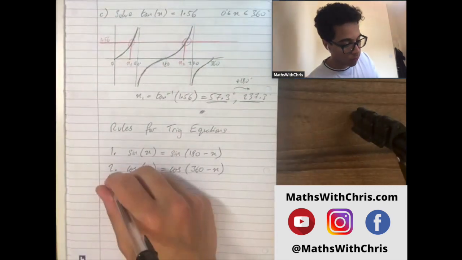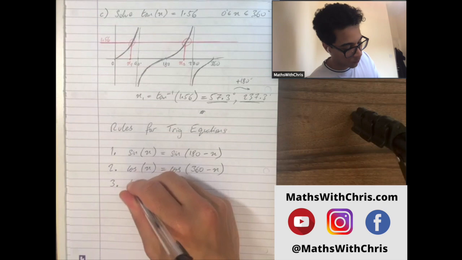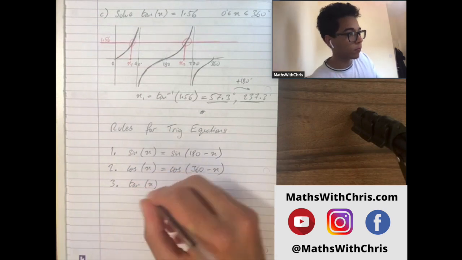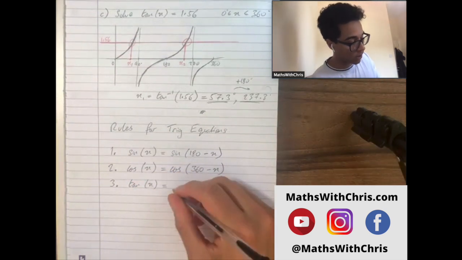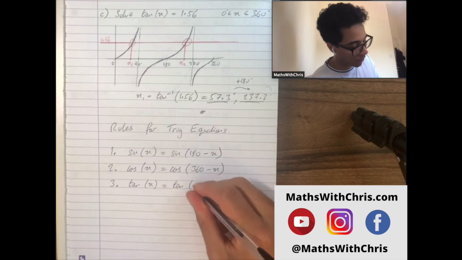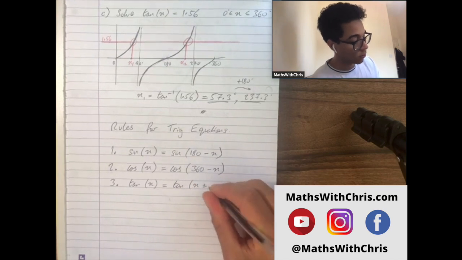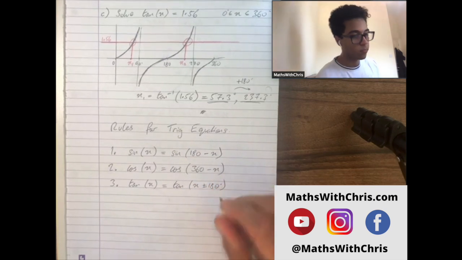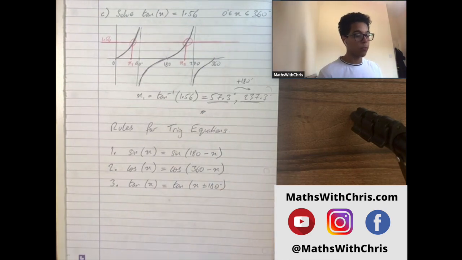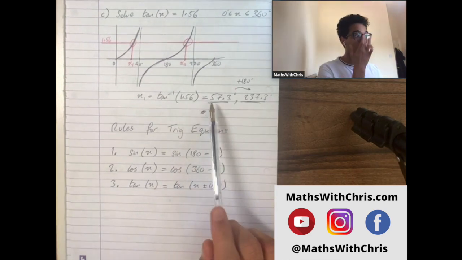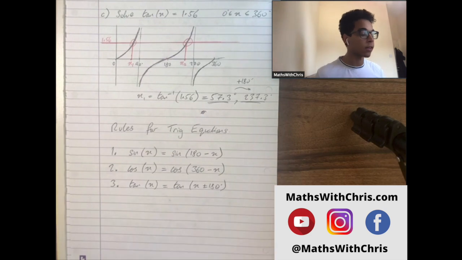The third rule, tan of x equals tan of x plus or minus 180. So that's what we saw here. If you have a tan solution, you can just add 180 or subtract 180. Tan's really easy, so just remember that.